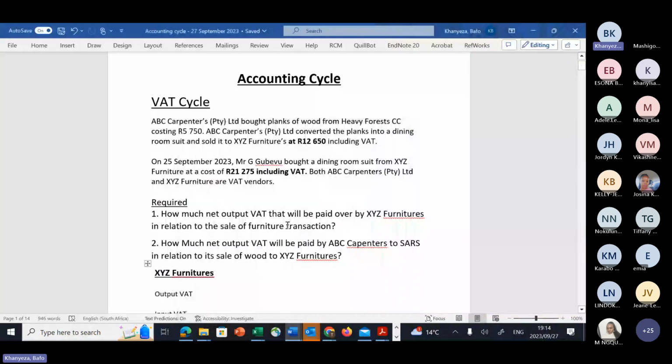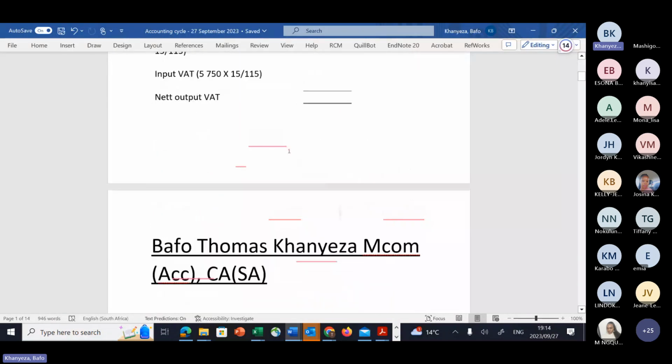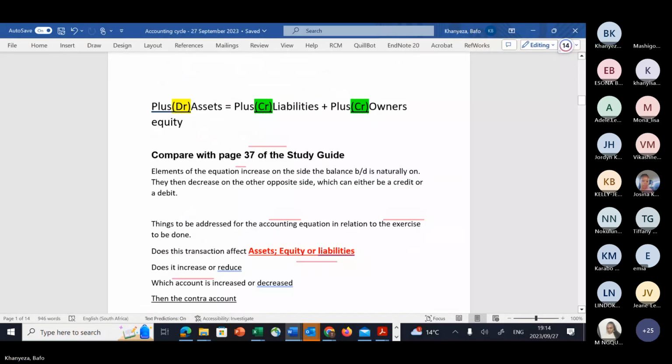Once I've done that value added tax, then I'll open for questions. If you've got questions now, you'll see if they're not answered. If they are not answered at the end, then you will ask them afterwards. Let me take you through to the VAT cycle.